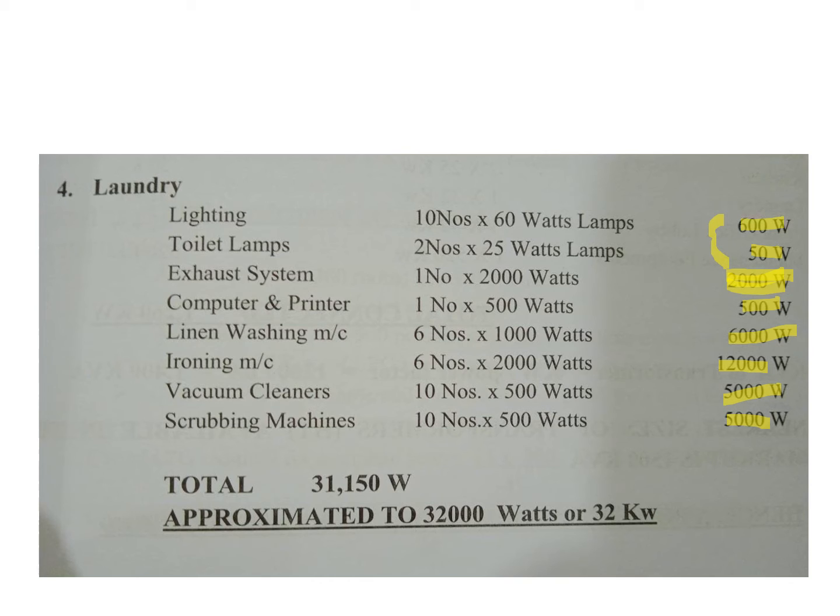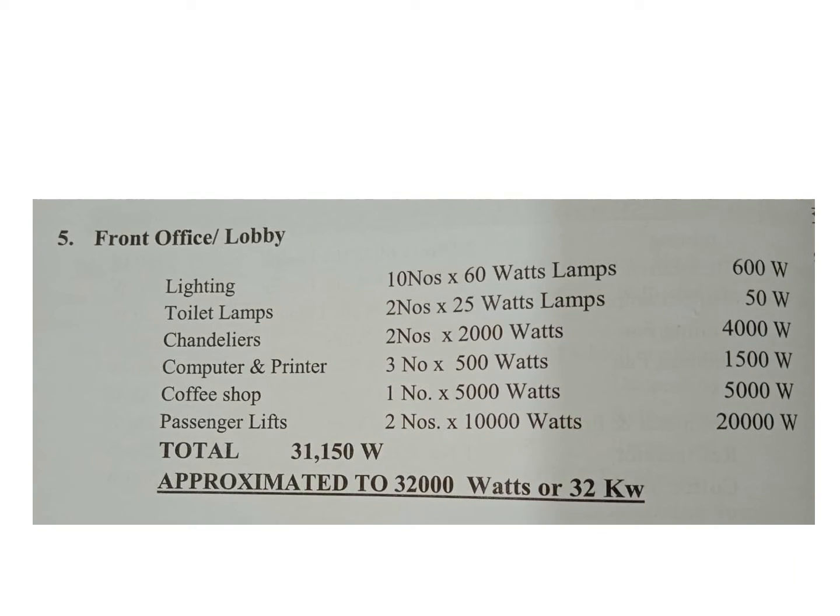It is the machines, the exhaust system, the washing machine, the ironing machine, all of these that are taking up the load requirement, and totally you get about 31.15, or roughly 32 kilowatts, as the connected load for a laundry. Usually some spare amount is also added in case there is an additional machinery requirement, or upgradation of machinery required at some point. So even a spare load connection is given at points.